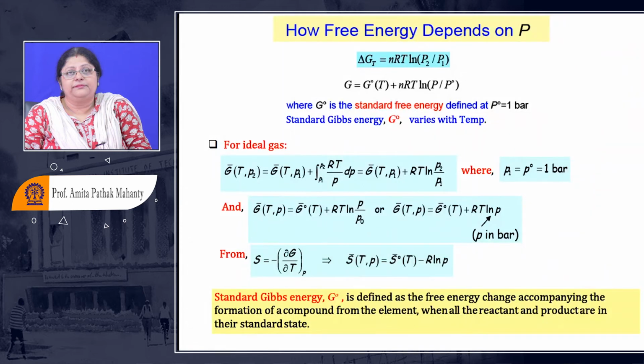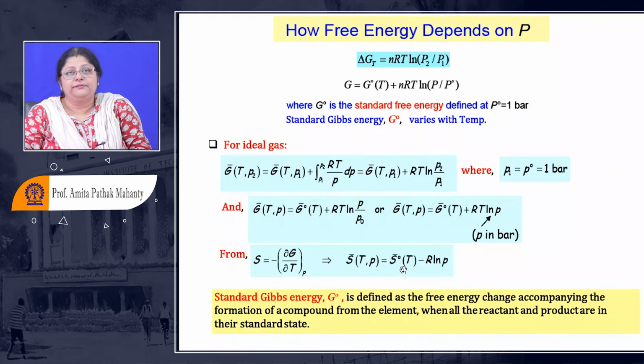Okay. So if you go from here, the crux of the discussion today was that dG by dT, the change in Gibbs energy with temperature at constant pressure, is the measure of the decrease in entropy of the system, minus S is there. And how do we write down the entropy?